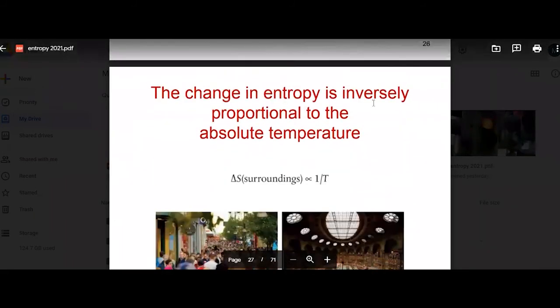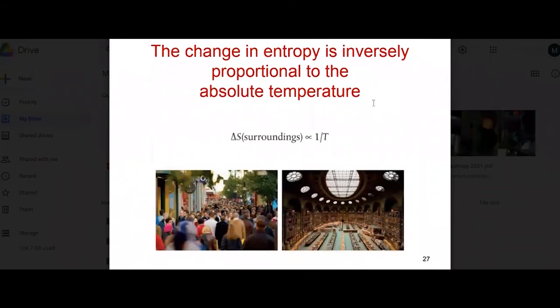Now we want to see the change in entropy with temperature. You can see that the change in entropy is inversely proportional to the absolute temperature. To understand the relationship between the entropy change of the reaction and the entropy change of the surroundings, it is helpful to recognize that the impact of a transfer of heat to the surroundings depends on the current state of disorder in the surroundings.